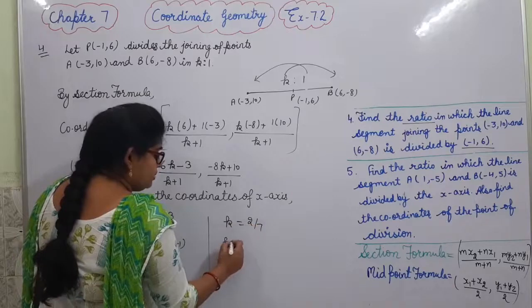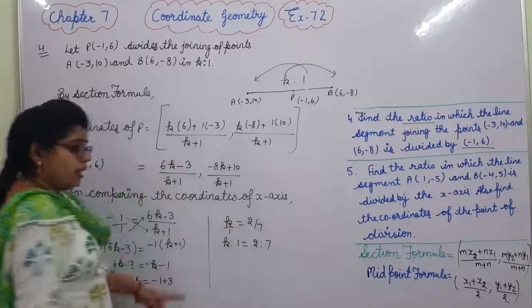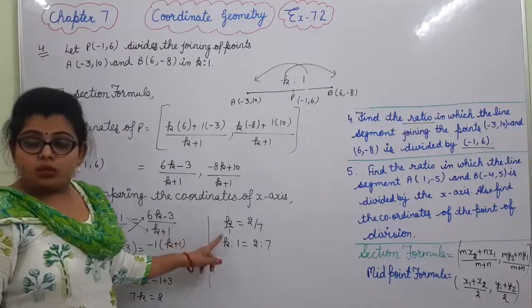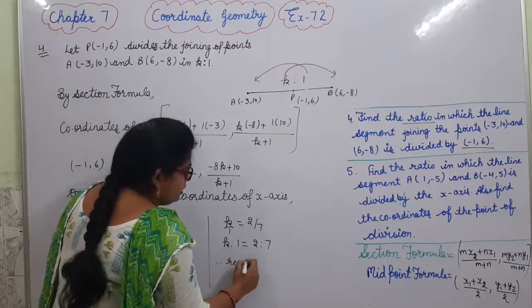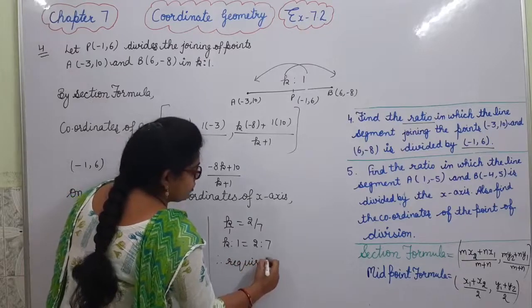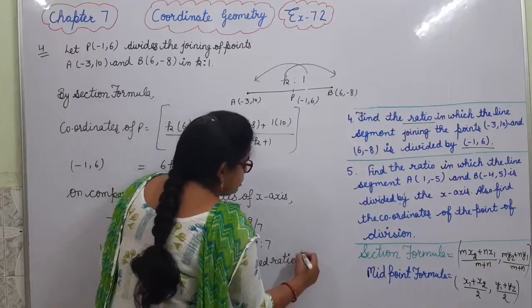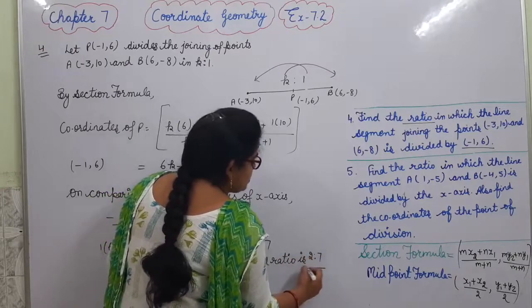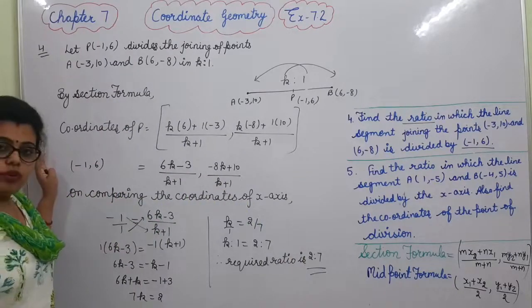Or this k:1 will become 2:7, because it can be written like this also. So the required ratio is 2:7. It is our answer of question number 4.